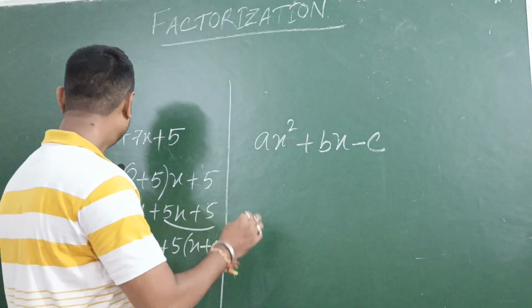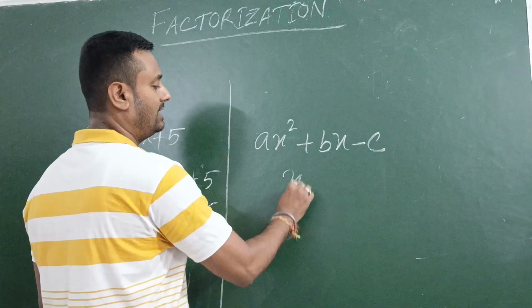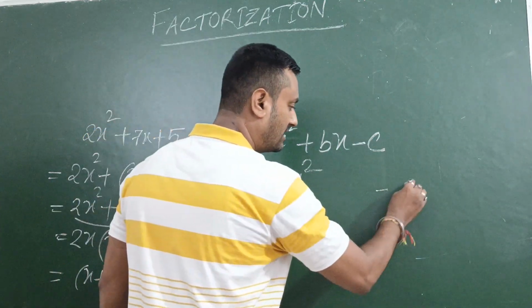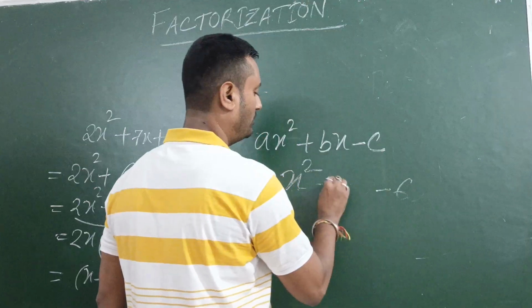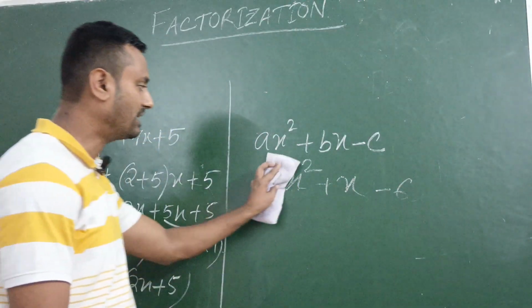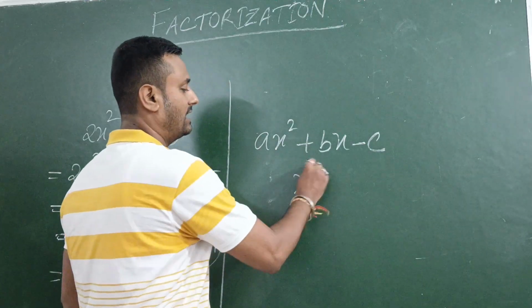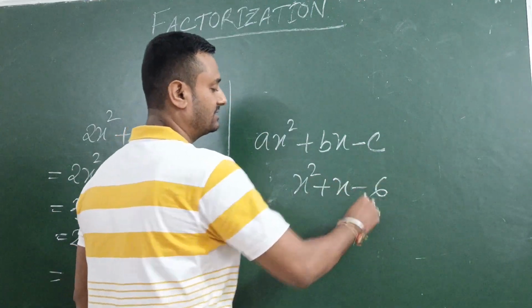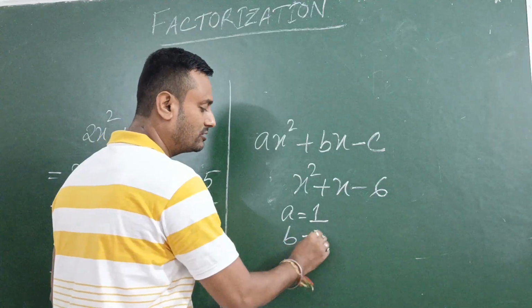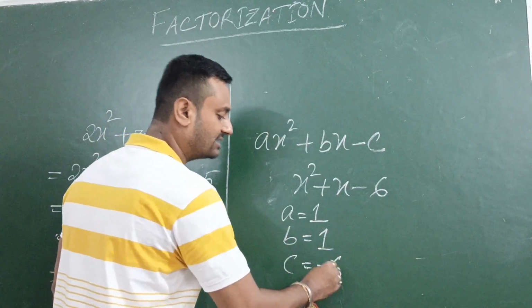Okay, so you can take the example, suppose x square plus x minus 6. So in this case, a is equal to 1, b is equal to 1, and c is equal to minus 6.